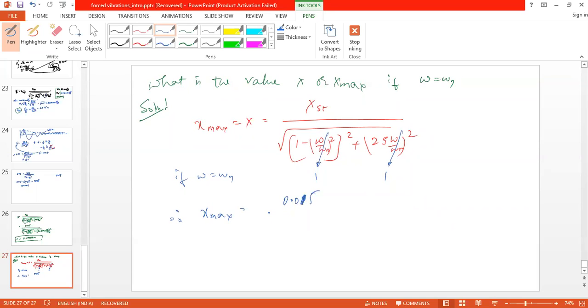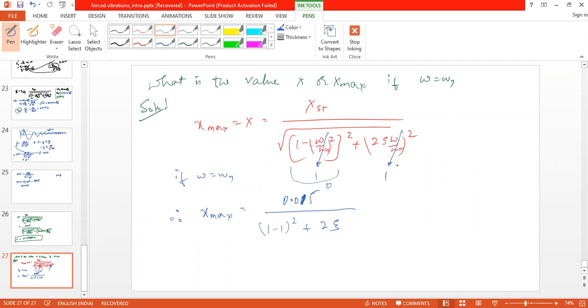0.015 divided by, this 1 minus 1 is 0, this whole term will become 0. So 1 minus 1 whole square plus 2 zeta whole square.